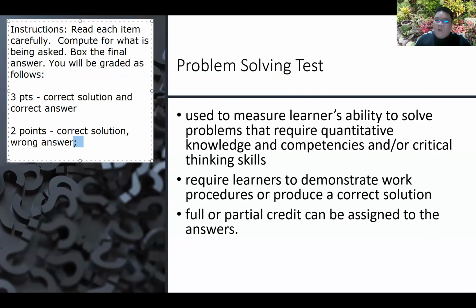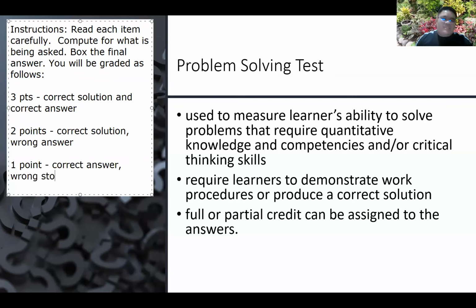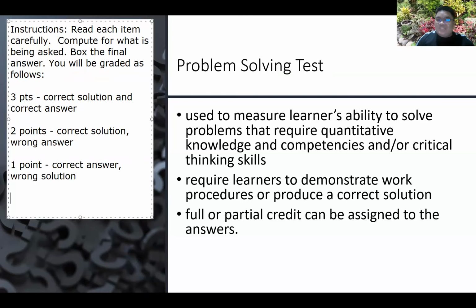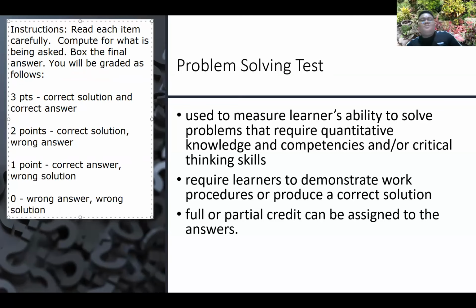Then, 1 point, for example: correct answer, wrong solution. Ibig sabihin, class, mas binibigyan mo ng punto yung solution kaysa doon sa answer, no? Tapos 0 point kapag wrong answer, wrong solution. Okay? That way, your student will be able to understand, ay, dapat palang ipakita ko yung solution.